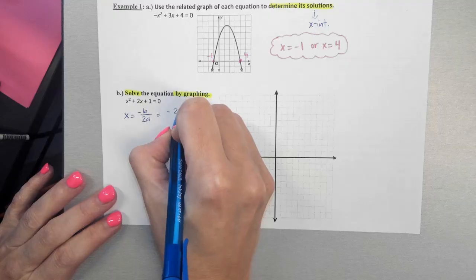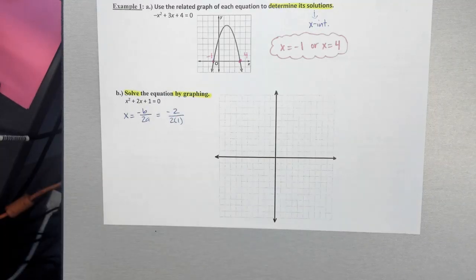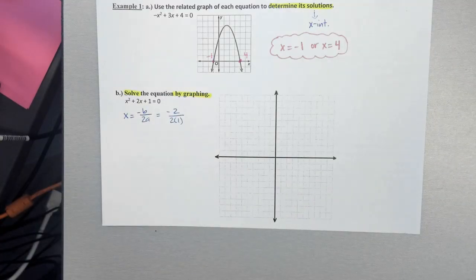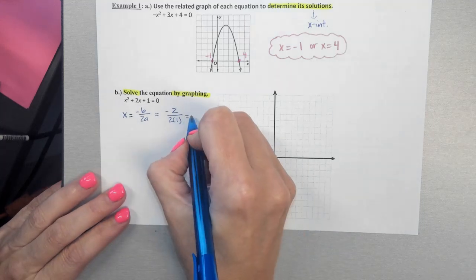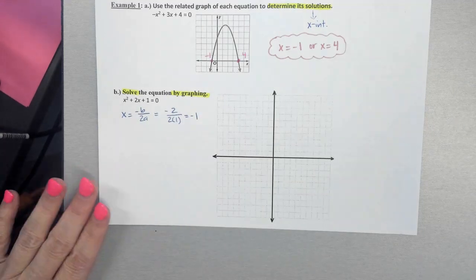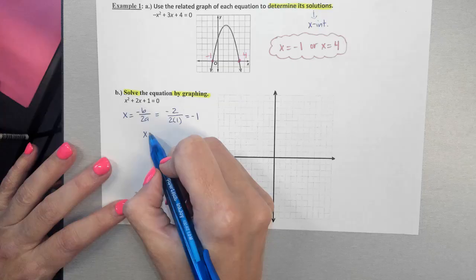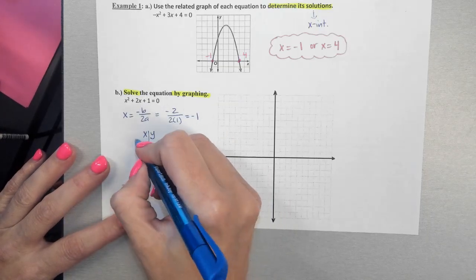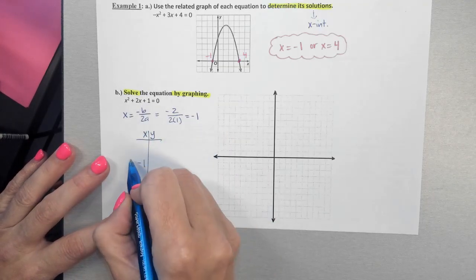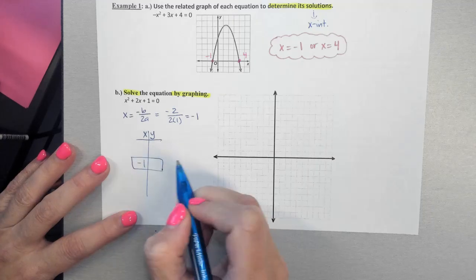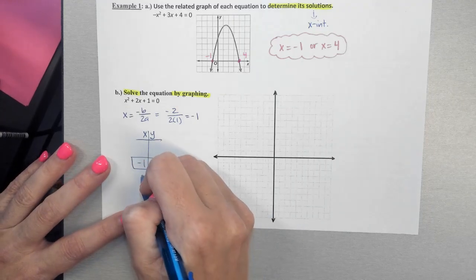So we're going to do the opposite of 2 over 2 times 1. -2 divided by 2 is -1. So that is going to be the x-coordinate of your vertex. We like to put that in the center, that way we get something symmetric.